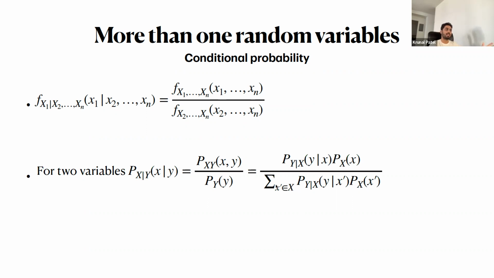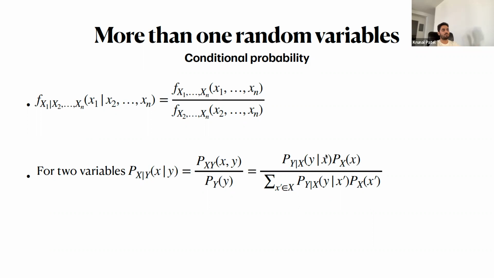We break it down into parts where x is taking a bunch of different values, some x prime values. And given that x is taking those x prime values, we calculate the probability of y given x prime, right? So that's my total outcomes, and this is my favorable outcome, right? So it is exactly the same thing, where I just say that x is taking x and y is taking y, given that x is taking x.